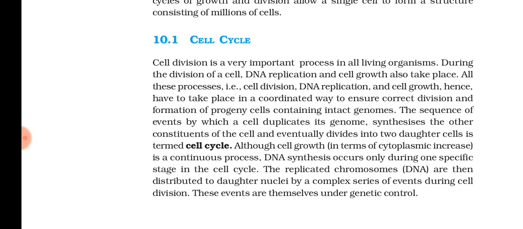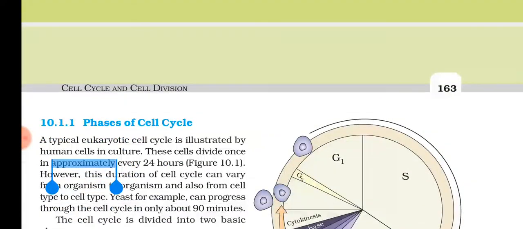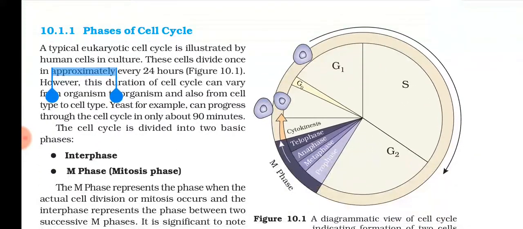Cell cycle. Then I have told you the cell cycle can be divided into two phases. What are they? Interphase and M phase. Interphase is also known as the resting stage, and M phase is known as the real mitotic phase.